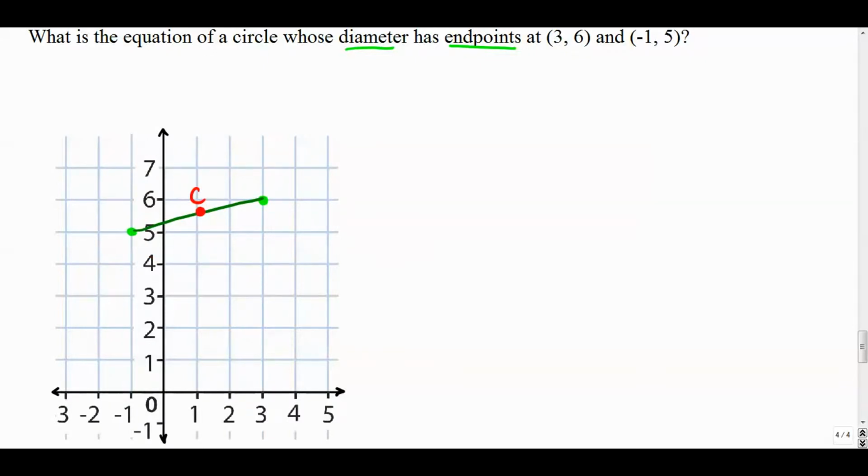So we need to write the equation of that circle. In order to write the equation of the circle, we need a center, which is (h, k), and we need a radius. If the diameter has endpoints of (3, 6) and (-1, 5), that means the radius should be half of that distance. So first things first, let's find the distance of our diameter.